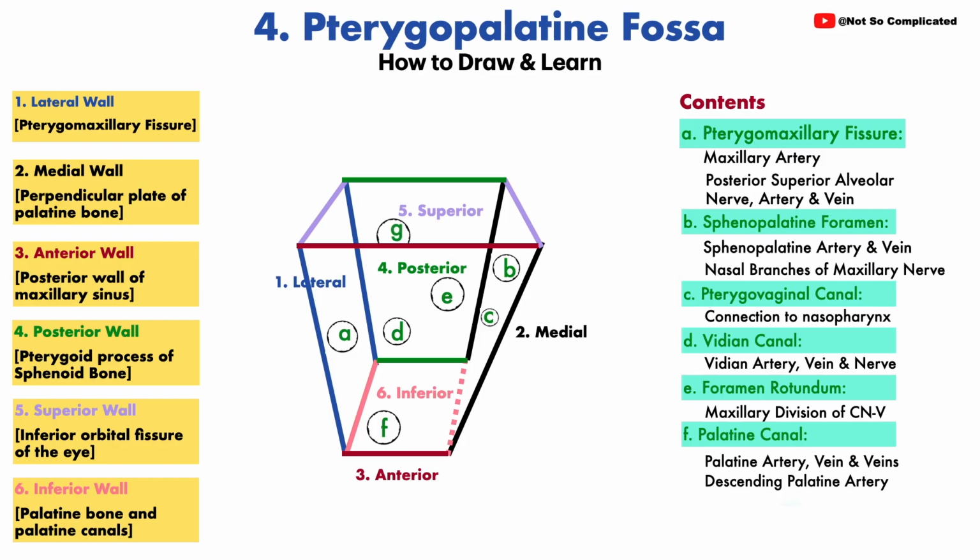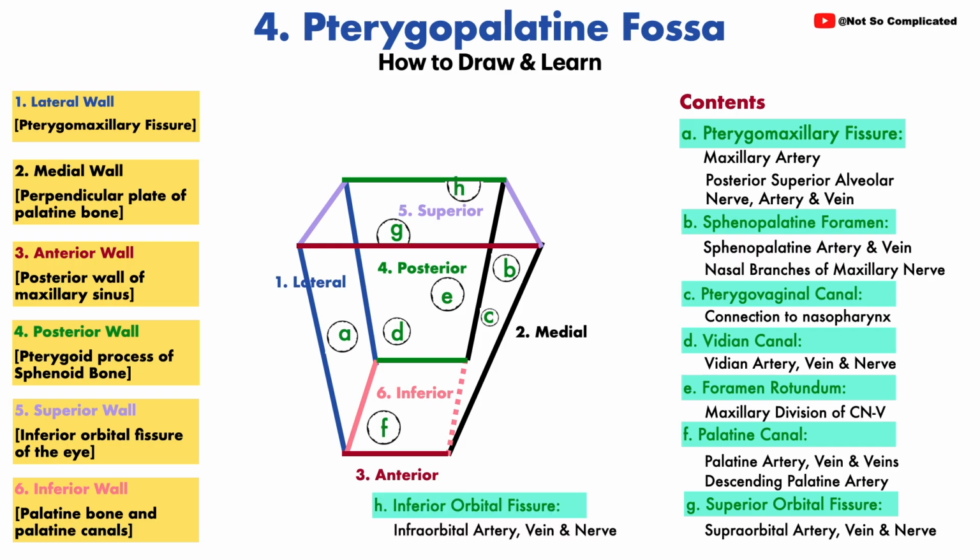There will be the superior orbital fissure first, and the passes are supraorbital artery, vein, and nerve. And there will be the inferior orbital fissure again, and the passes will be the infraorbital artery, vein, and nerve, and the zygomatic branch of the maxillary nerve. There are a lot of branches of the maxillary nerve, and that is why there are a lot of structures passing through a lot of canals.